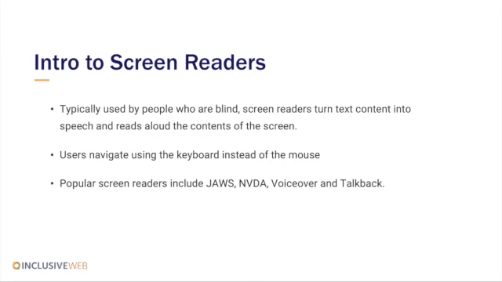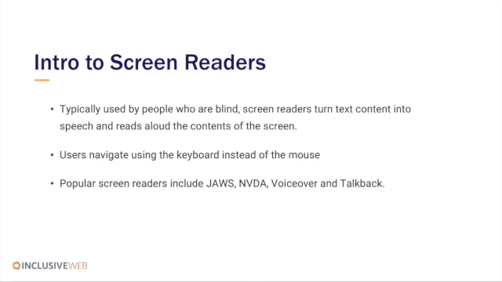Some popular screen readers include JAWS, that's Job Application with Speech, and that is a screen reader on Windows. It's a paid screen reader. It can get pretty expensive for the user at least, but there are free demo versions that you can use. There's a very comparable, free and open source screen reader called NVDA, which stands for Non-Visual Desktop Access.